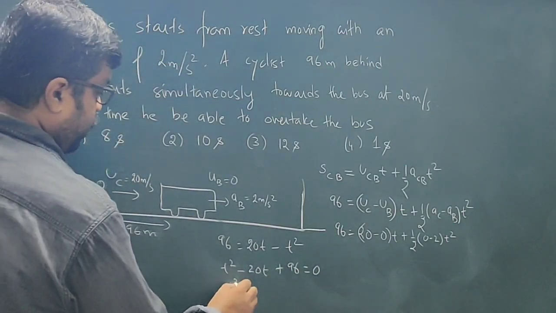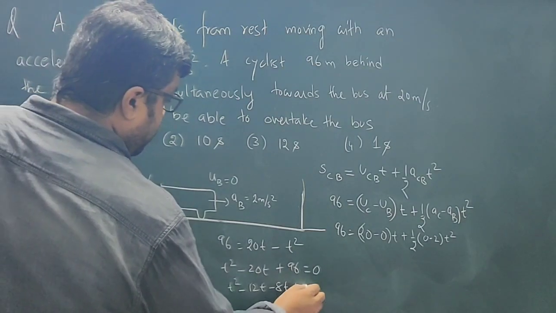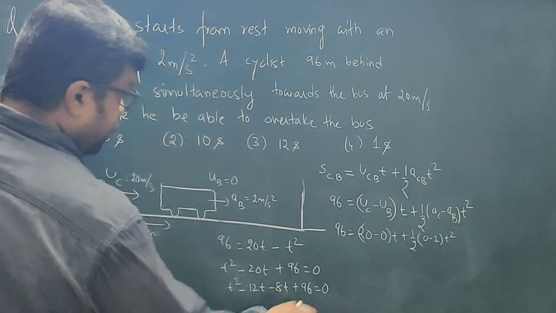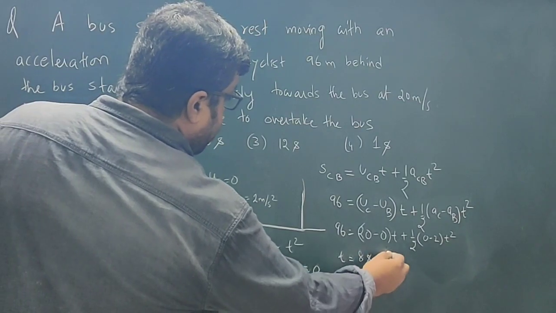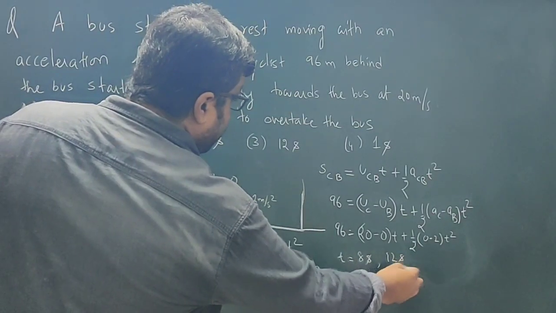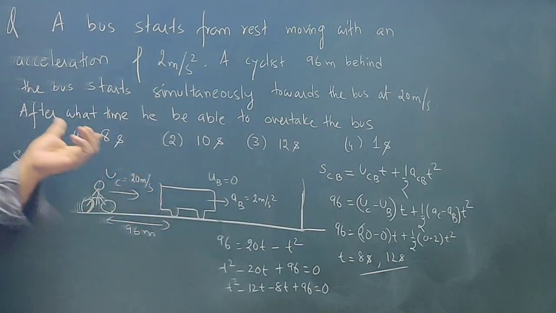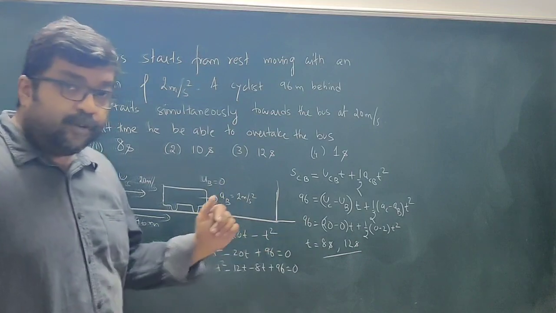So this is t square minus 12t minus 8t plus 96 is equal to 0. So simplifying this, we have t is equal to 8 second and 12 second. So that means the cyclist will cross the bus twice, at 2 times. So we have got the 2 solutions.